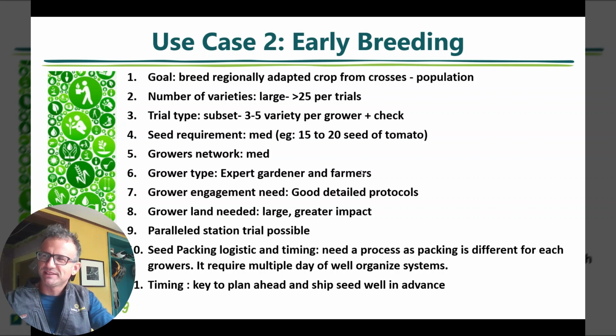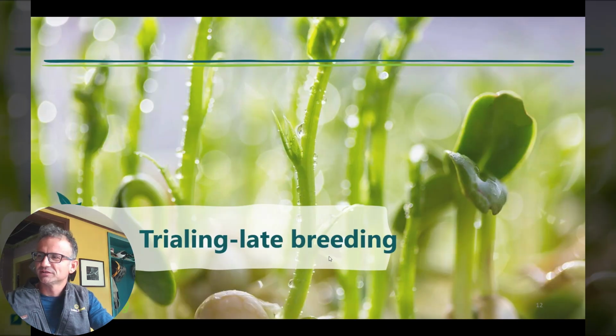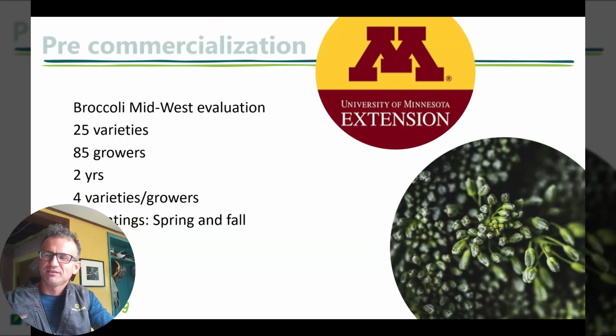They need more space because of more seed. We did a parallel station. Packing is still logistics intensive due to the nature of subsets, and you really need to have a really good protocol and communication for those types of projects.